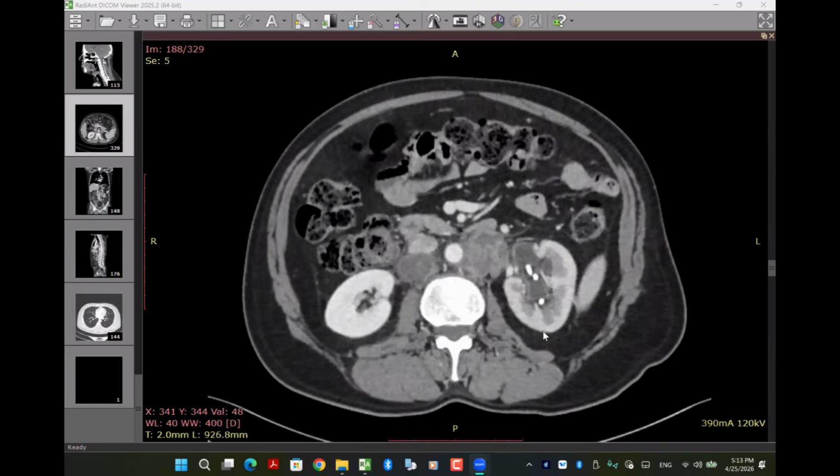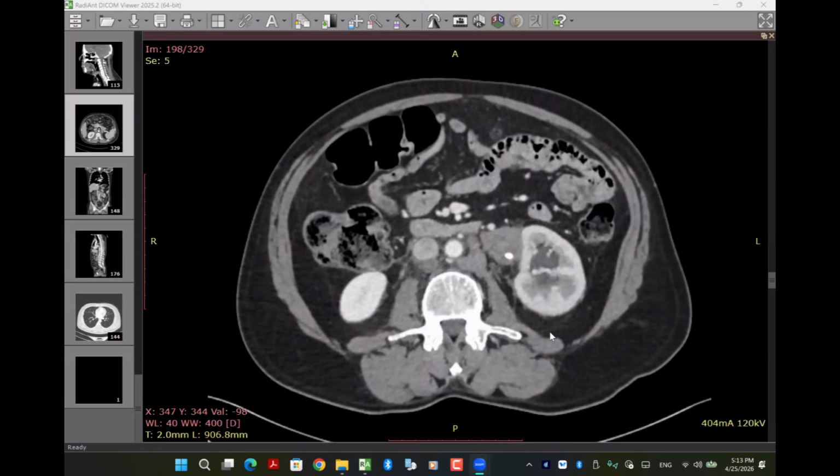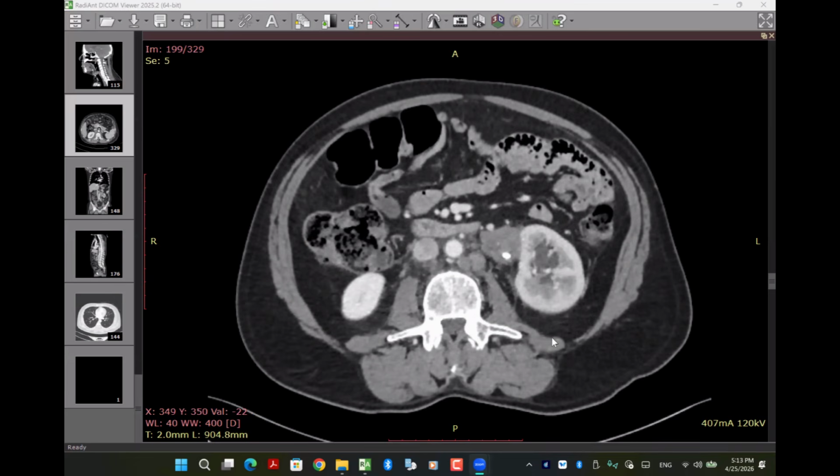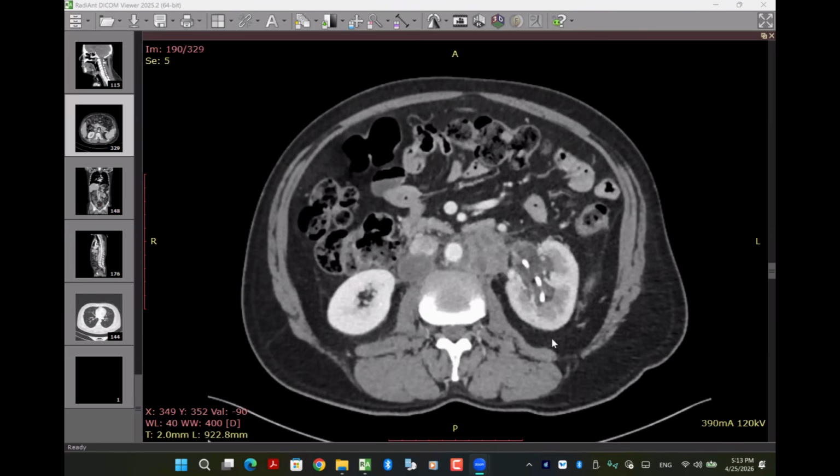I can see the differentiation in the left kidney. Actually, let me correct you. Your first answer was extremely nice. This is the nephrographic phase of the study. But what happened with the left kidney? It is corticomedullary.